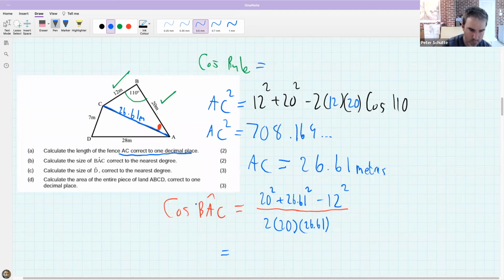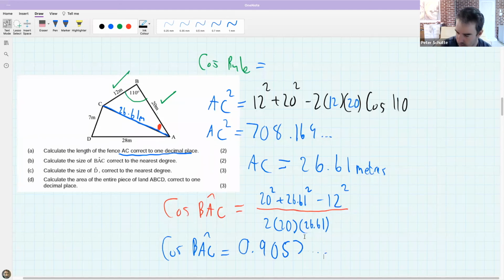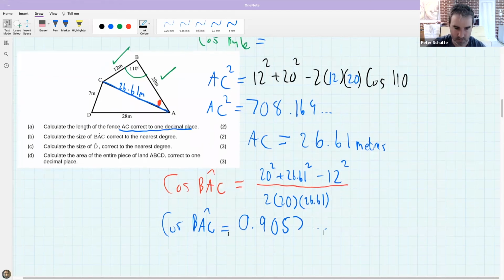Okay, so 0.9057. Now, I'm using the answer key in my calculator, but I'm getting about 0.9057 as the number.